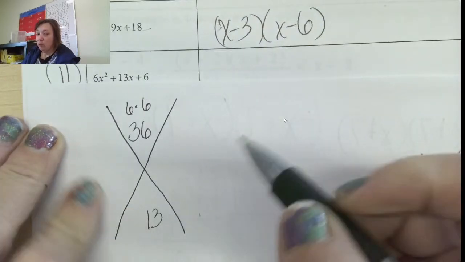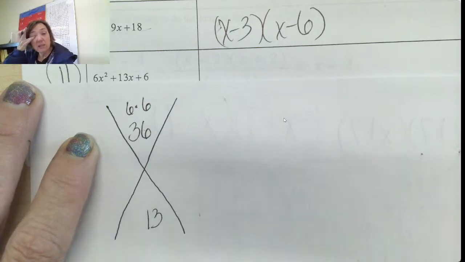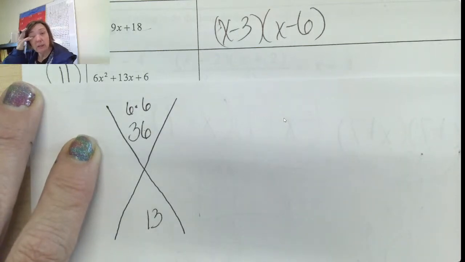So we need two numbers that multiply to get us 36, but add or subtract to get 13. 7 and 5 is not 13. Or 36.